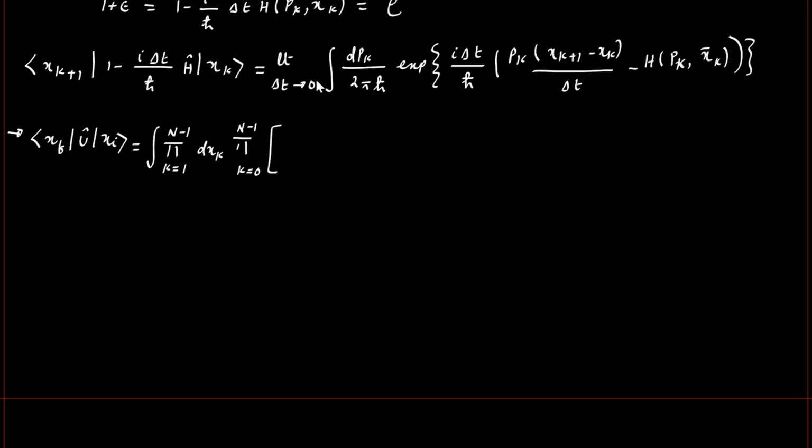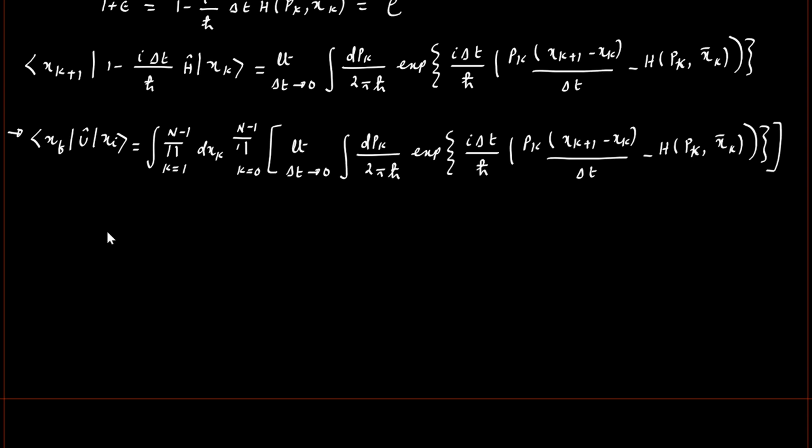So let me copy it and paste here. But now I can take out this limit, so this gives me the limit delta t tends to 0, integral, product from k equal to 1 to n minus 1 of dx_k.